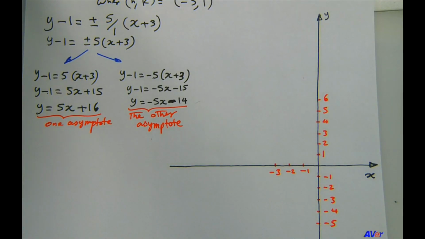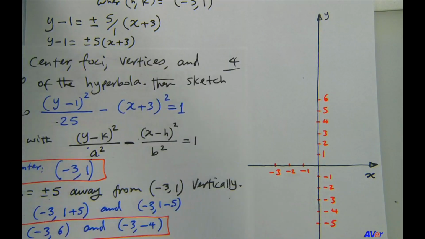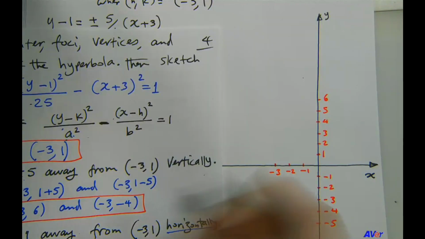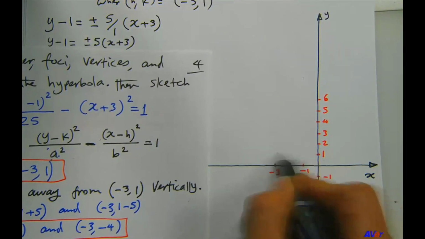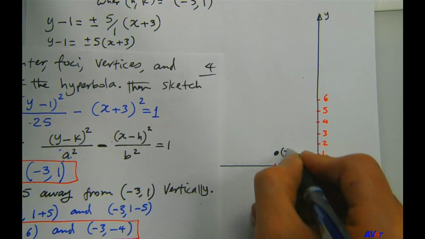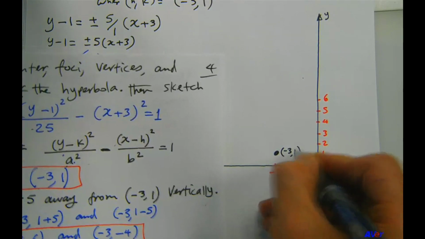Okay. So the center of this hyperbola at negative 3 comma 1 would be right there.